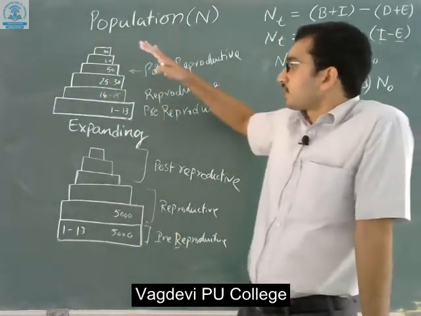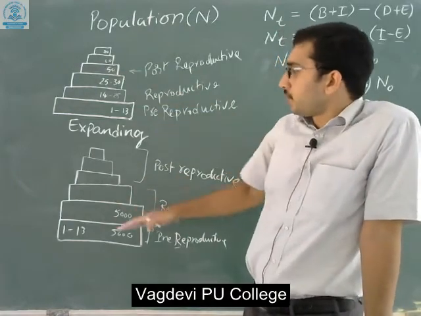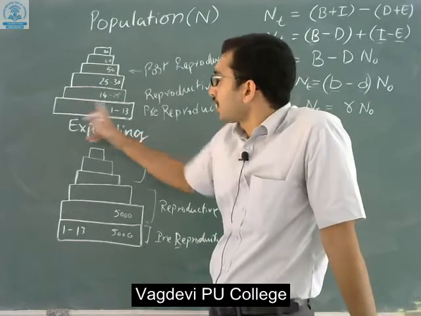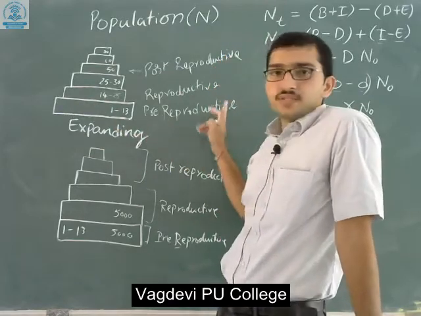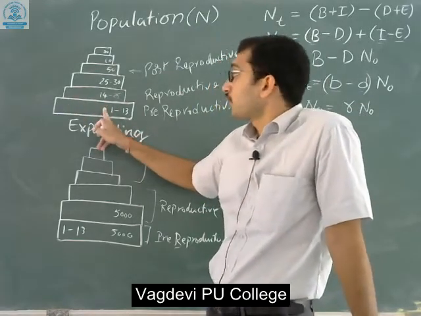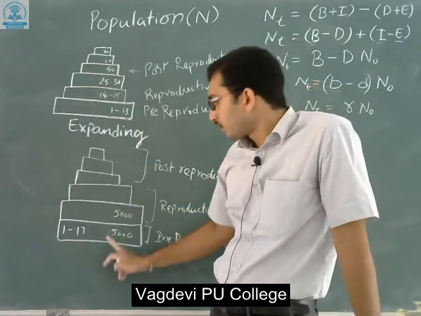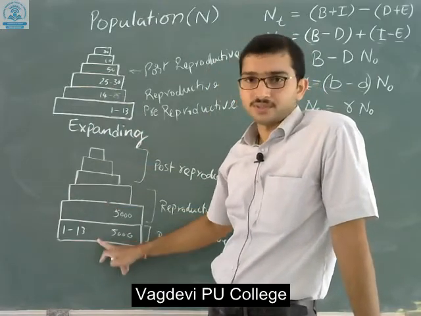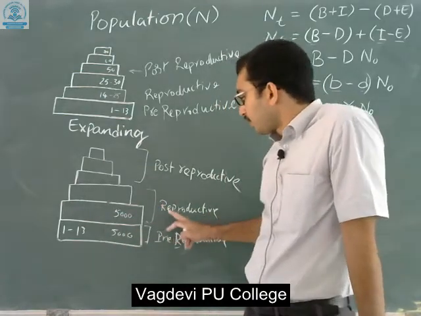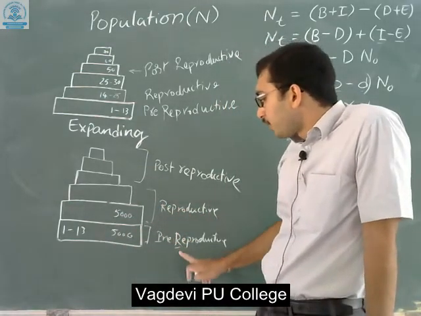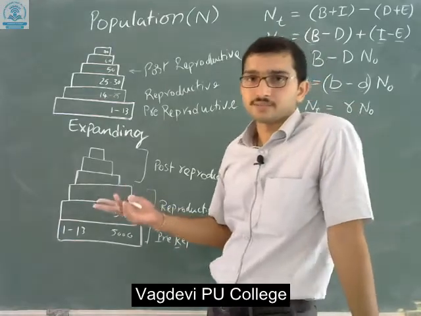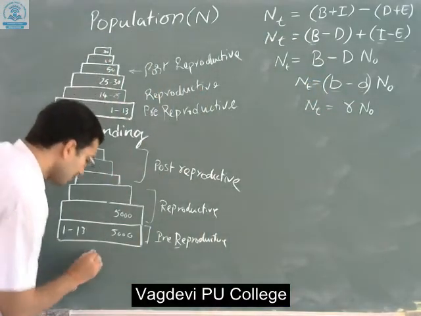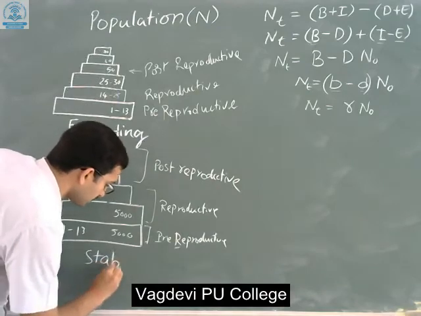If you observe the two pyramids, one shows a longer pre-reproductive, meaning it has more young individuals. Here it shows the same number of population. If the populations of reproductive and pre-reproductive are similar, then this can be considered stable. It is a stable age pyramid.